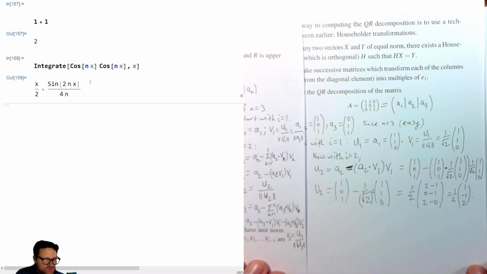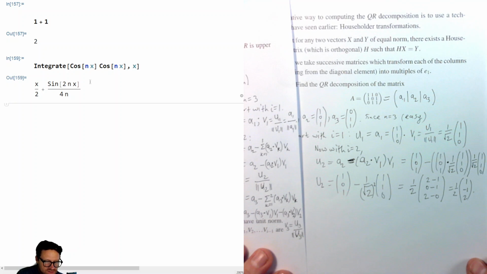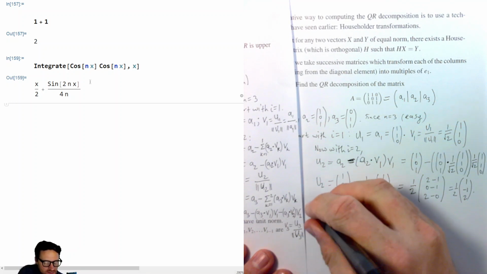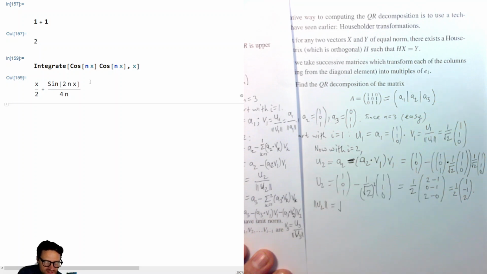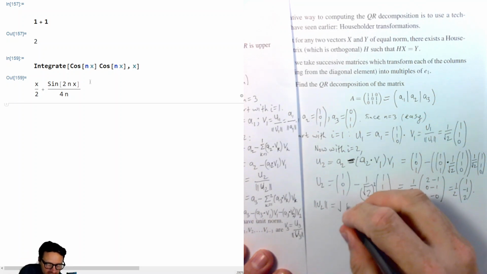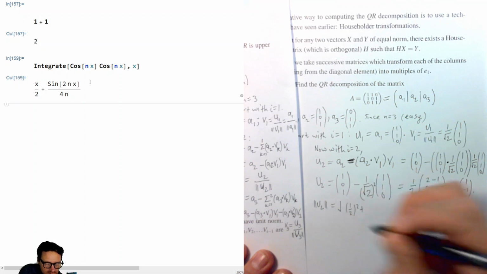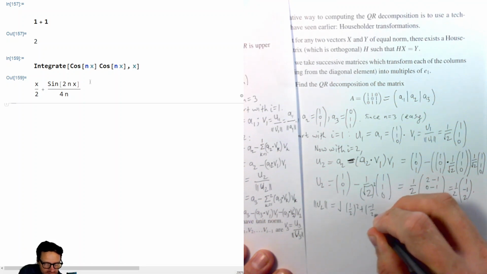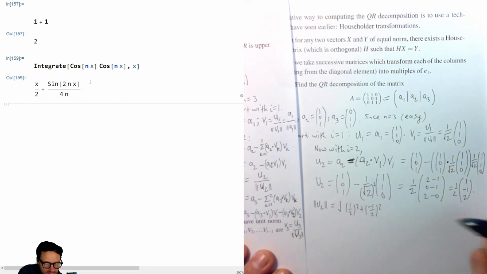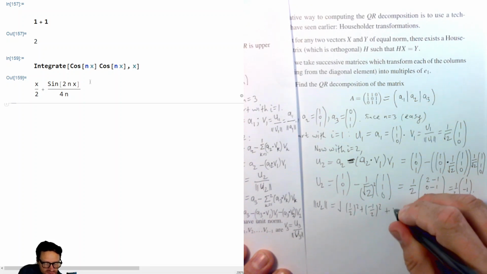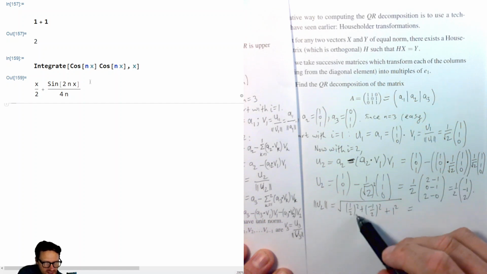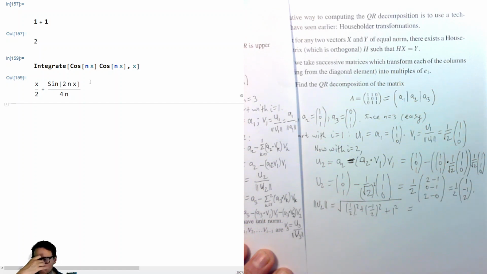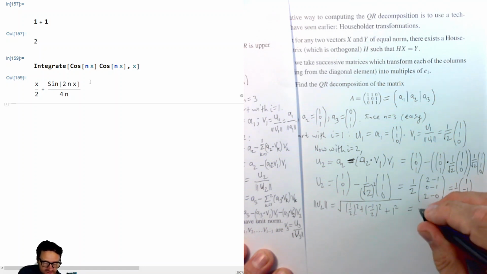Now that we have U2, we can construct V2. Let's take the norm of this. The norm of U2 is the square root of the sum of the squares of the entries. So we have 1/2 squared plus minus 1/2 squared plus 2/2 is 1, so 1 squared. That's a quarter, that's a quarter, so 2 quarters is 1/2. This is 1, so 1 1/2 is 3/2.